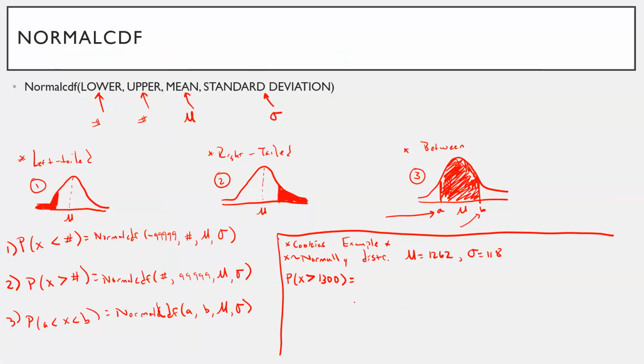All right, I really think the drawing here really helps. So I'm going to sketch the drawing. It's normally distributed, so you're centered at 1262 and you want to be greater than 1300, so you shade to the right.